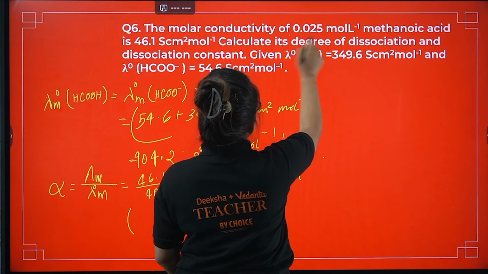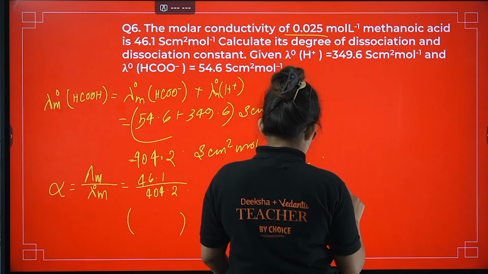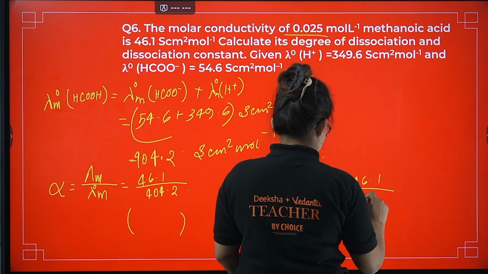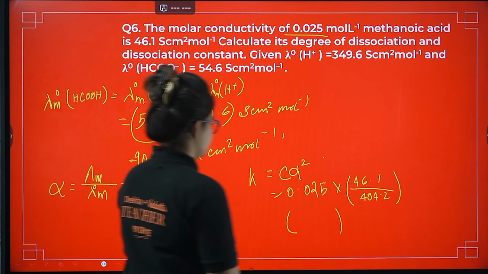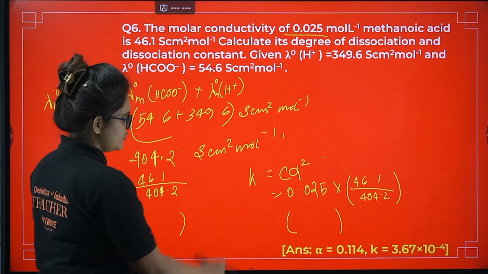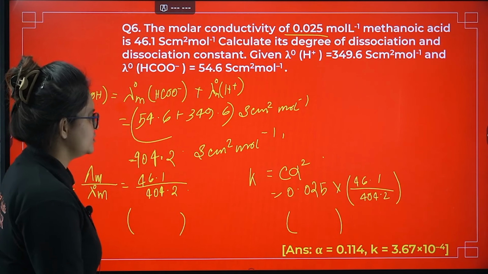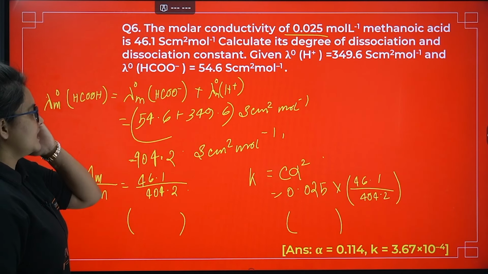C value is given, concentration 0.025, into 46.1 divided by 404.2. If you do this, you will get the k value as well. So you can see alpha will come up to be something like 0.144. K value will come up to be 3.67 into 10 power minus 4. So you should proceed with this method. Okay, I guess this is clear.